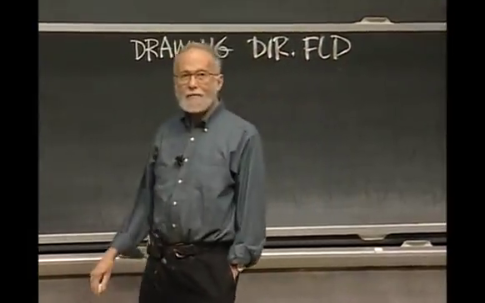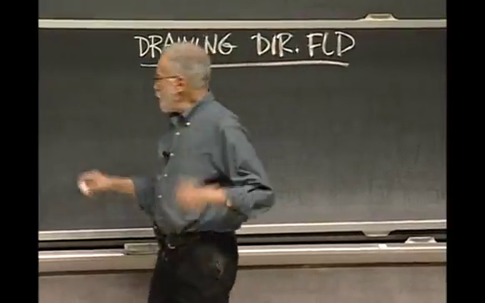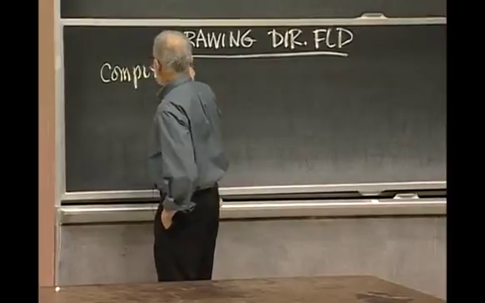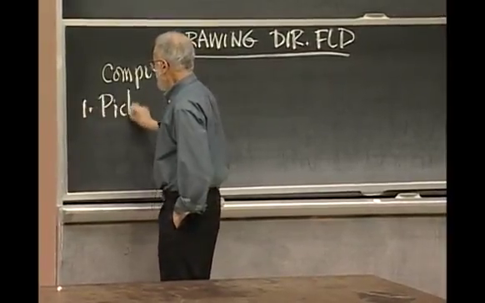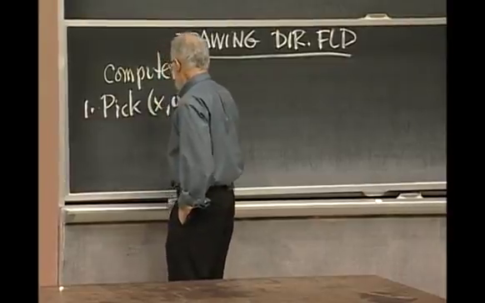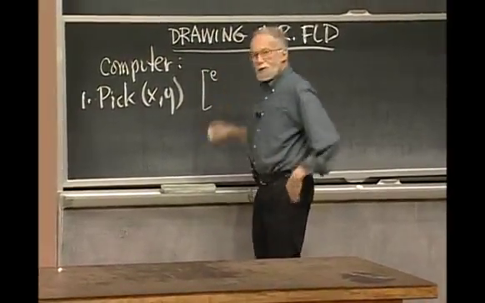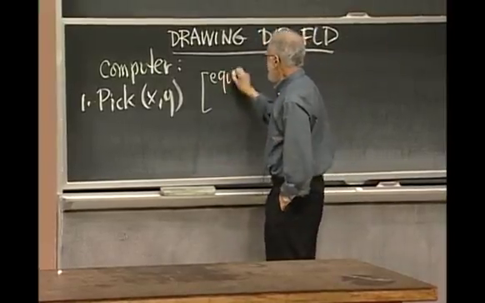Since they go very fast and have unlimited amounts of energy to waste, the computer method is the naive one. You pick a point, and they're usually equally spaced. You determine some spacing, this point, that one, and so on. Equally spaced.